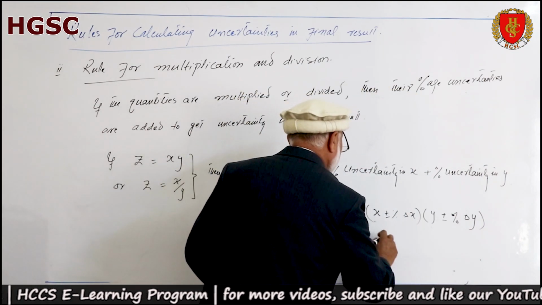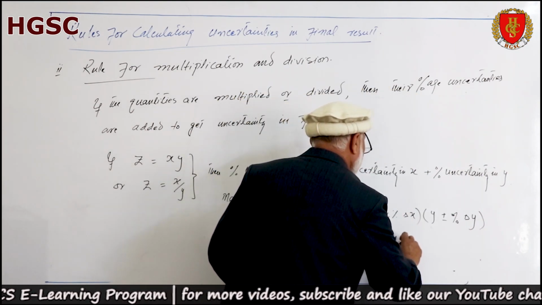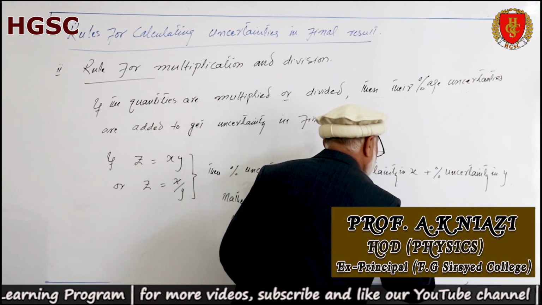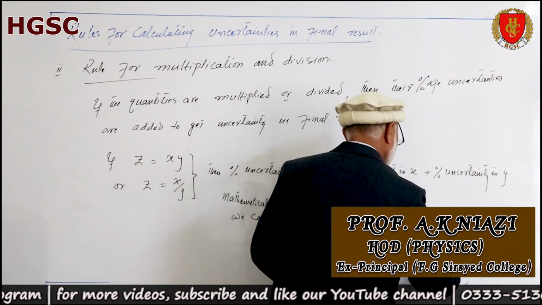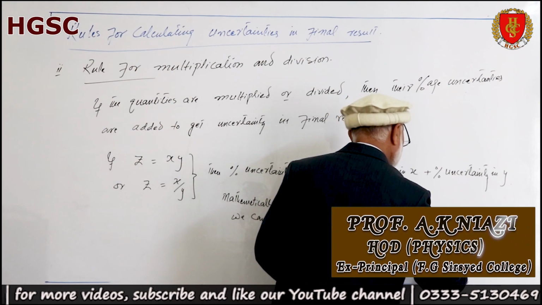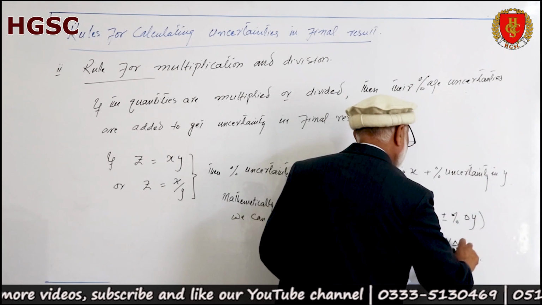So we can write x into y, plus minus percentage uncertainty in x plus percentage uncertainty in y.